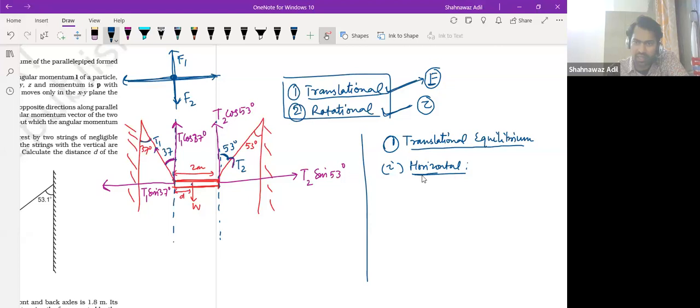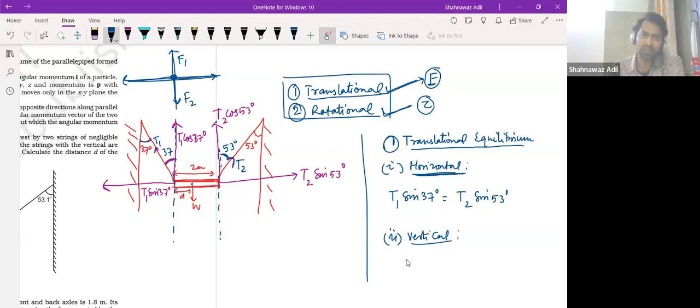So writing the horizontal one, what is the left force, what is the right force? T1 sin 37, so this is the left one, absolutely right, good. And this is equal to T2 sin 53. Correct, everyone? So this is the horizontal force. Now let us write the vertical force.